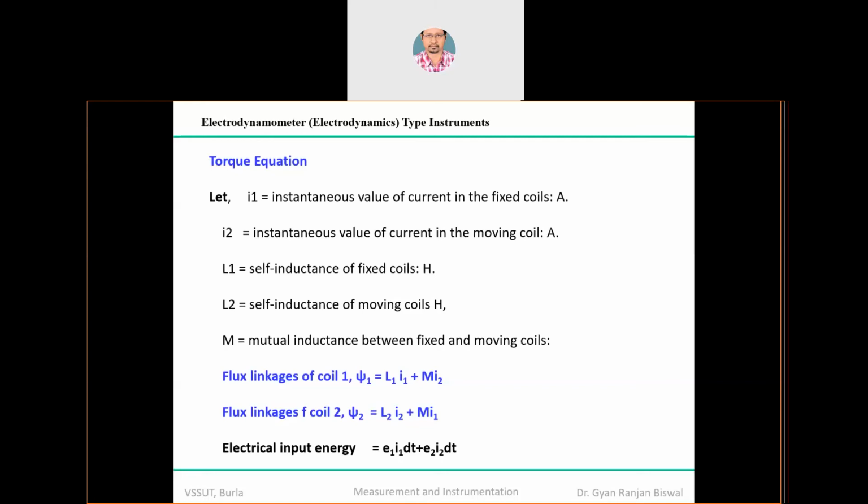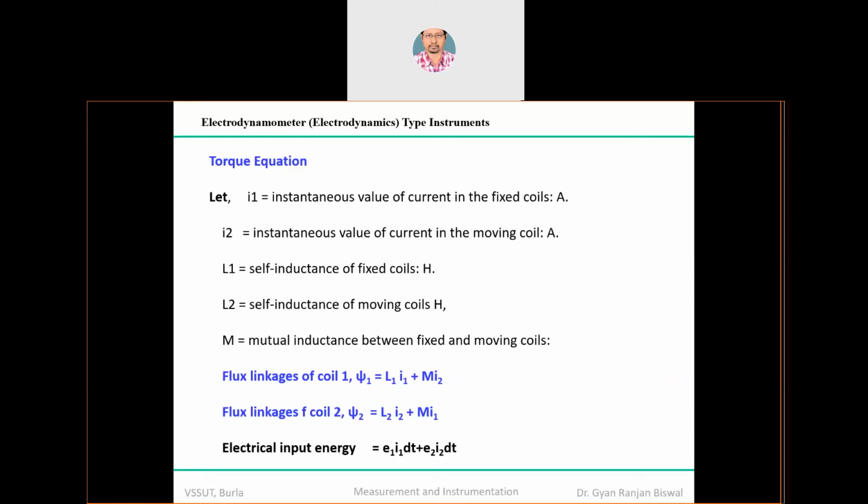Let's say I am assuming that the flux linkage over coil 1, phi 1, is equal to L1 I1 plus M I2, and the flux linkage over coil 2 is L2 I2 plus M I1. I hope this is clear. So what is the total amount of electrical energy input you have given to this particular circuit?